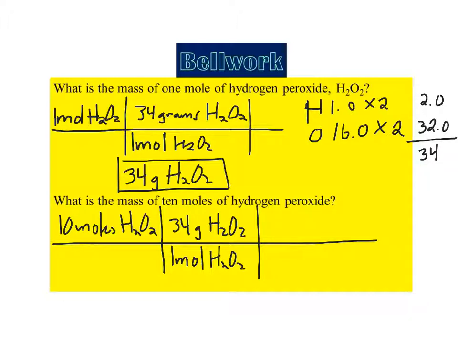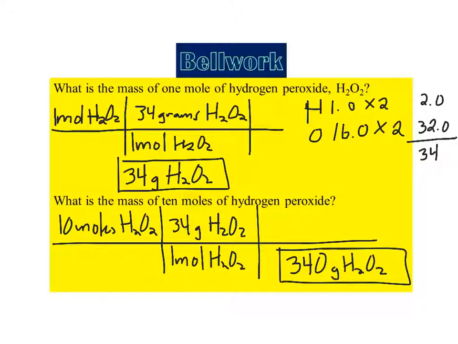And in this case, 10 times 34 is going to give me a value of 340 grams of H2O2. And there is the bell work.